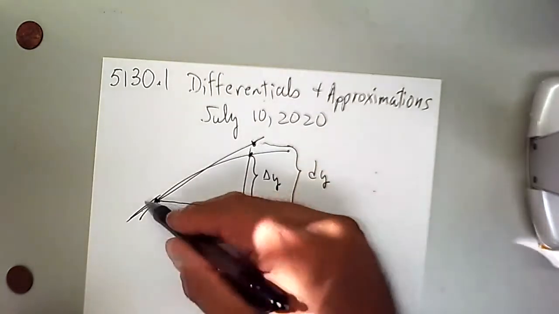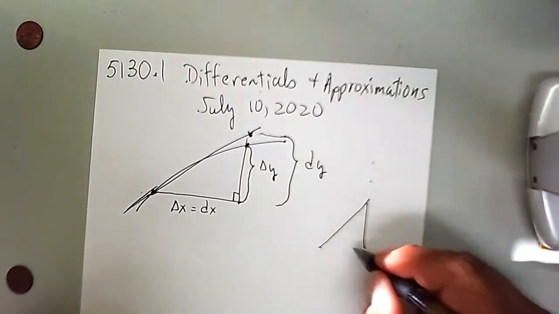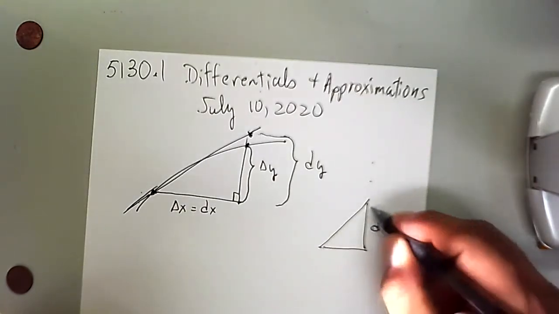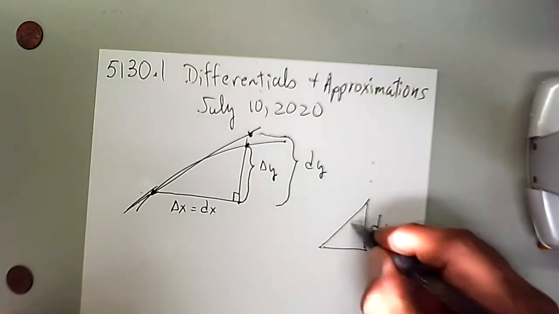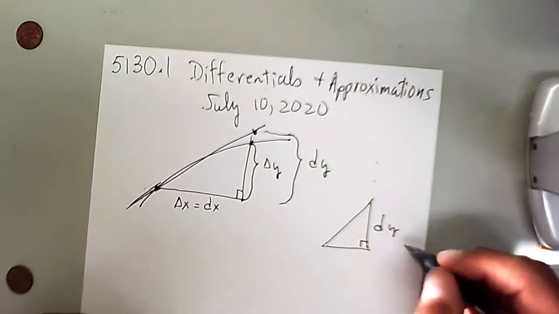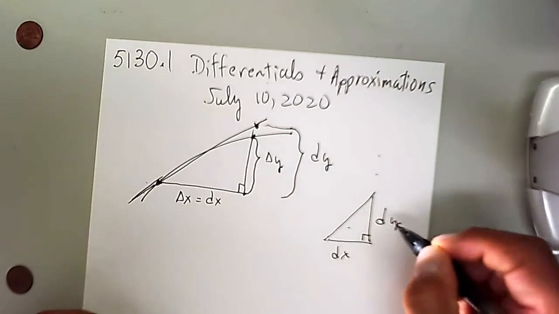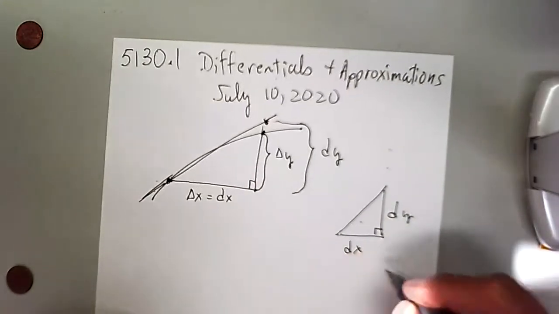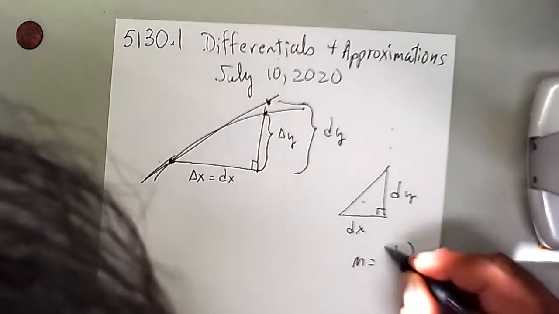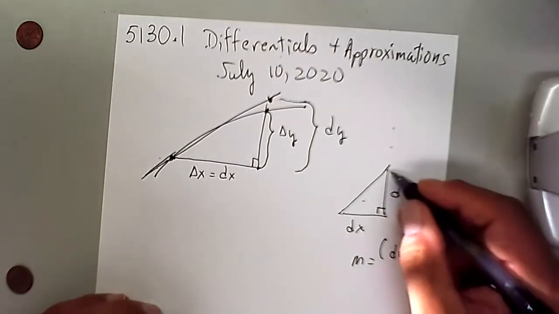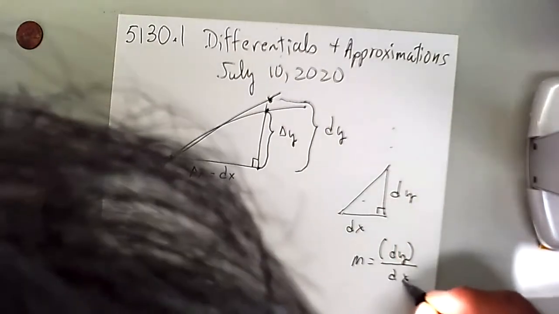Now, here we have a right triangle. This is the situation where we have a dy on the right triangle. On the curve, we wouldn't have a right triangle, we would have a curve, and then this is dx. And if you know the slope of this angle, then we know that the slope is going to be (dy), I'm going to put parentheses around dy to emphasize this is a quantity divided by dx, a quantity.